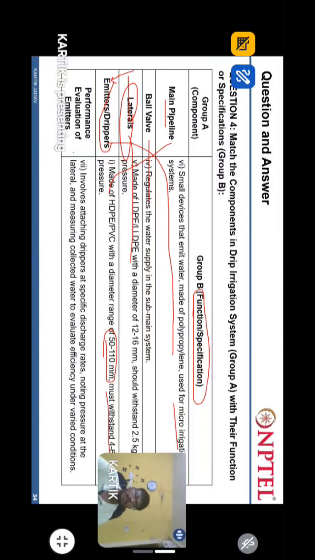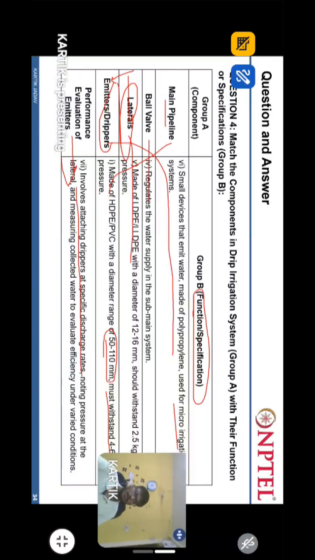And performance evaluation of emitters involves attaching drippers at specific discharge rates, noting pressure at laterals and measuring collected water to evaluate efficiency under varying conditions. So this option is more to the performance evaluation of emitters.